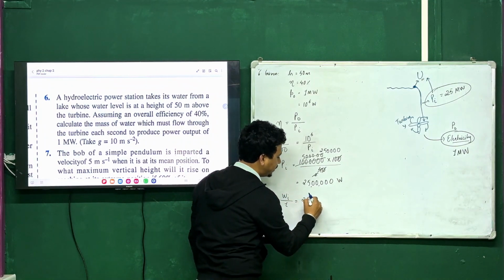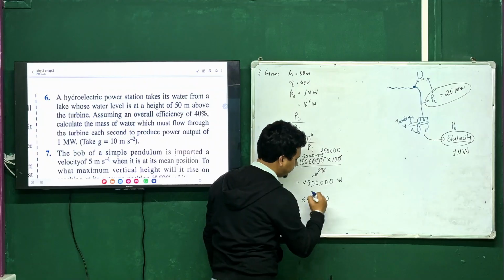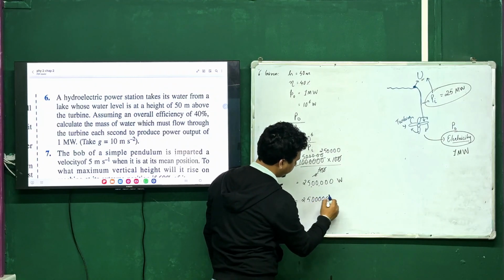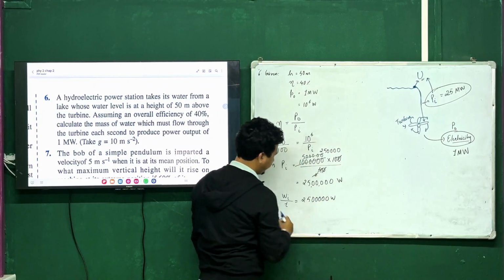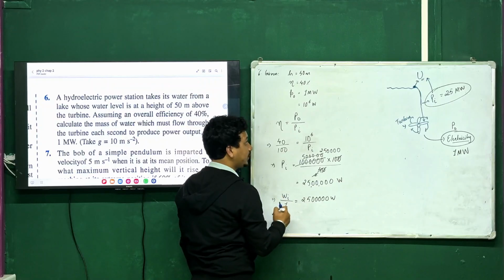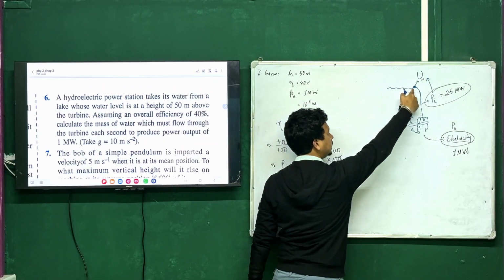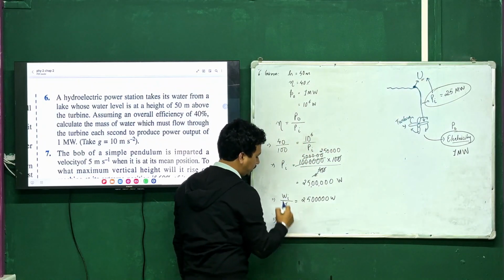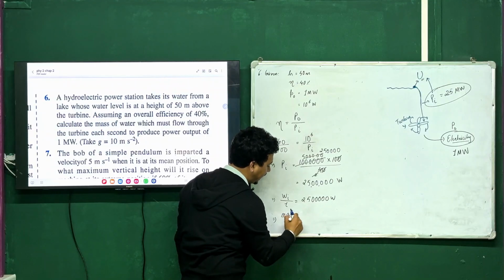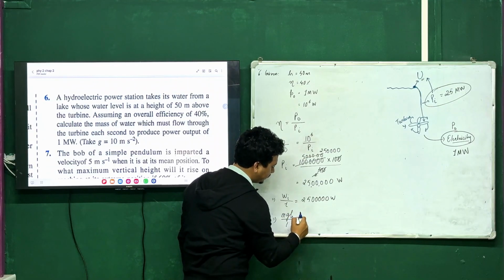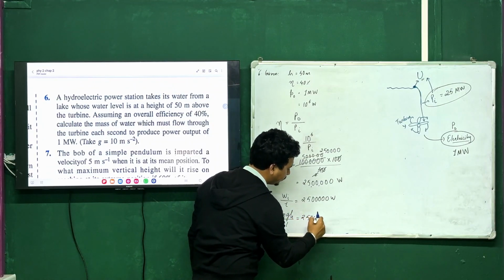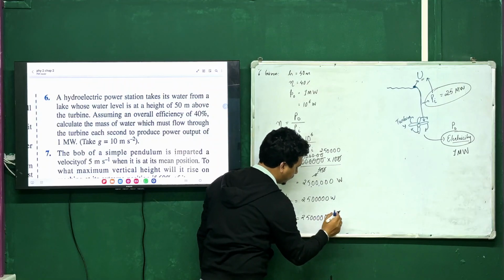So that must be 250,000 watt. Now, work done by whom? By the water, that is the potential energy. So work done will be mgh, time is 1, is equal to 250,000 watt. Okay.